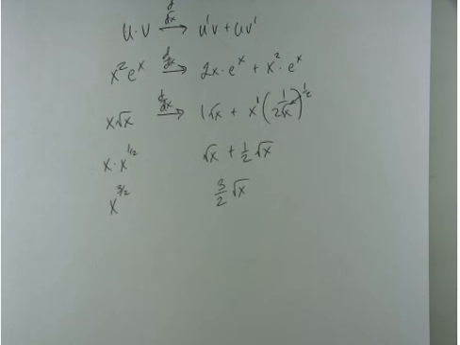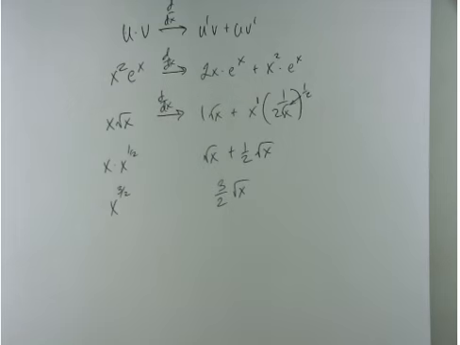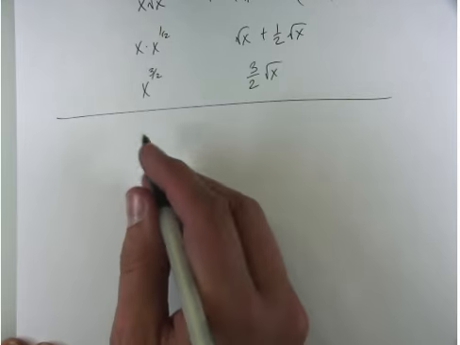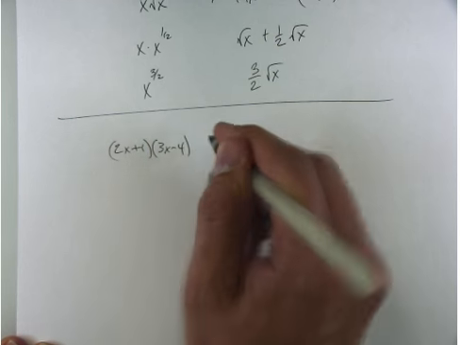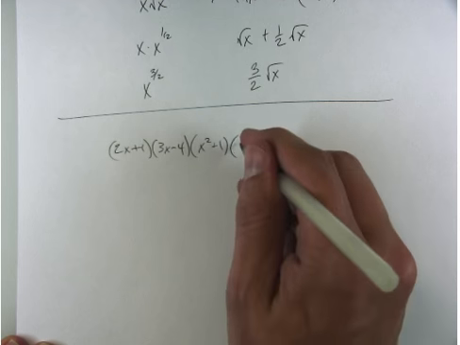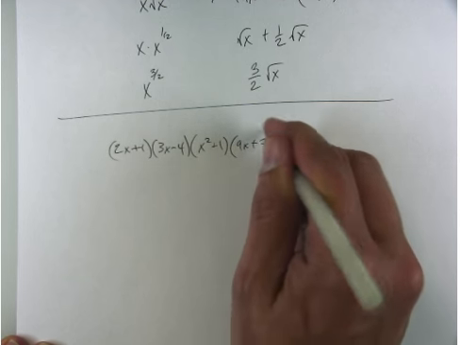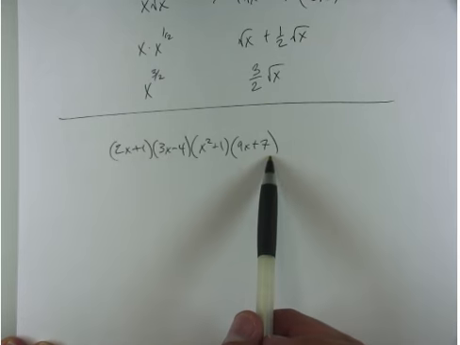But we might ask ourselves, well, that works out really well if I have two things multiplied by one another, but what if I did something like this? What if I had 4 functions multiplied by one another?